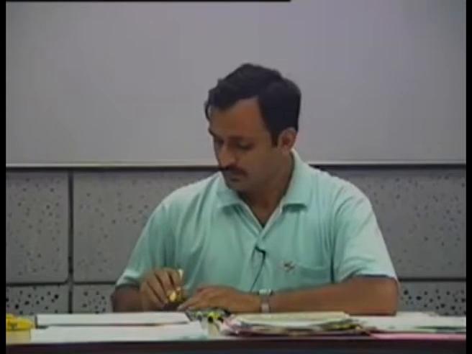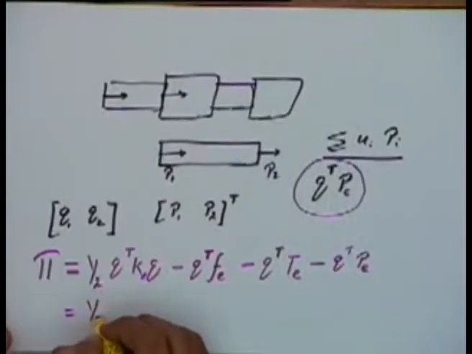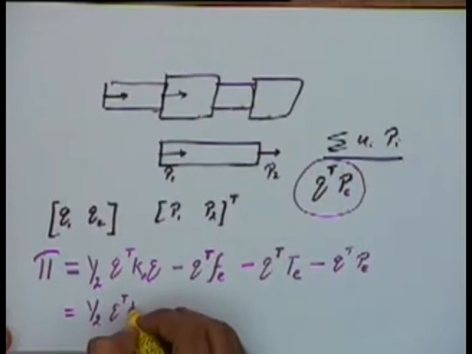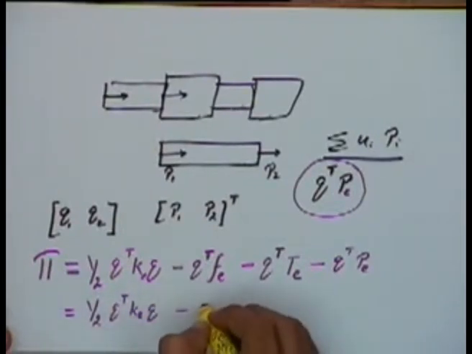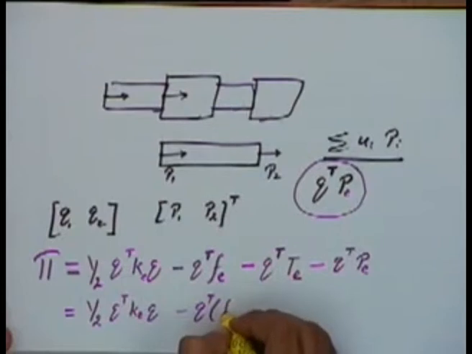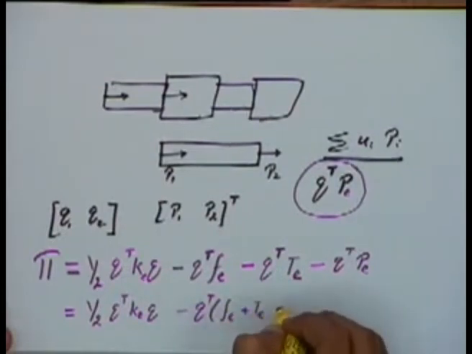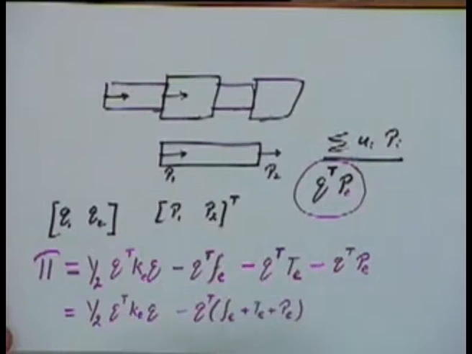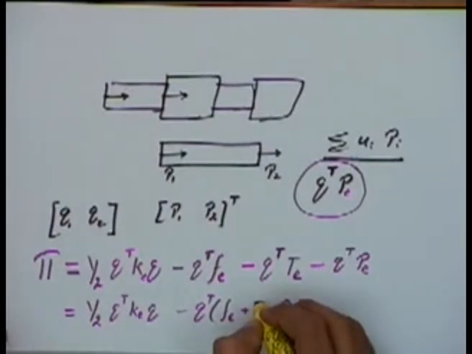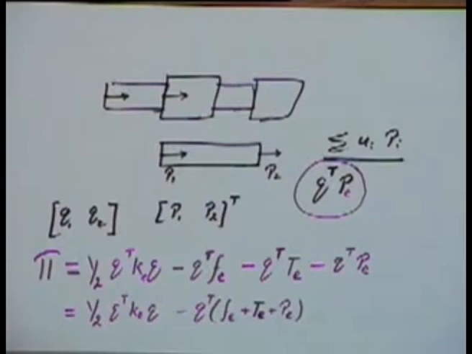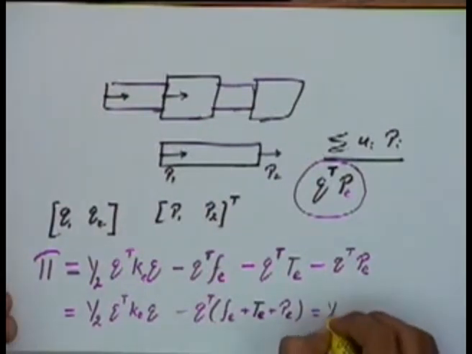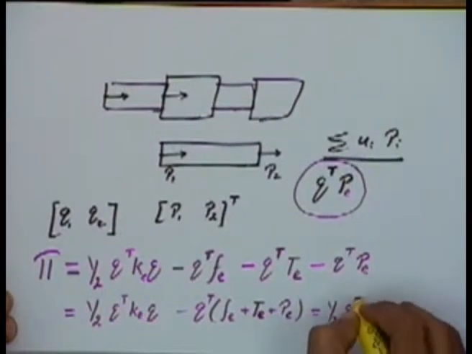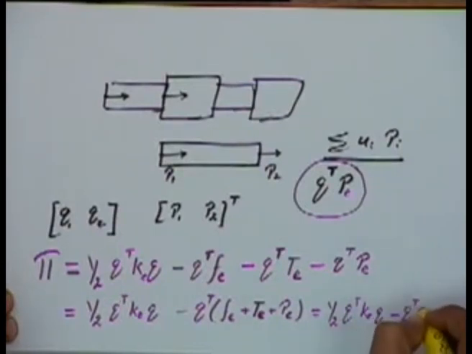Okay. Now this, I'll again put as half of Q transpose KE Q minus Q transpose into FE plus TE plus PE. Okay, and this is equal to half of Q transpose KE Q minus Q transpose into FE.